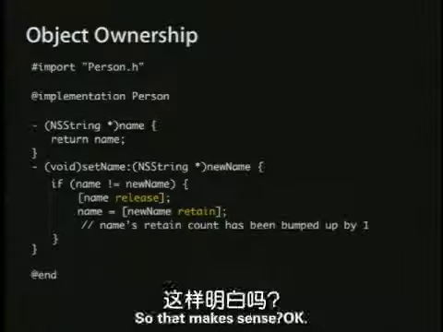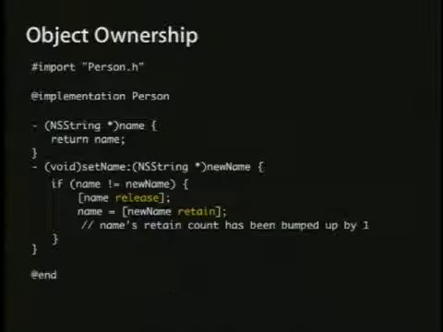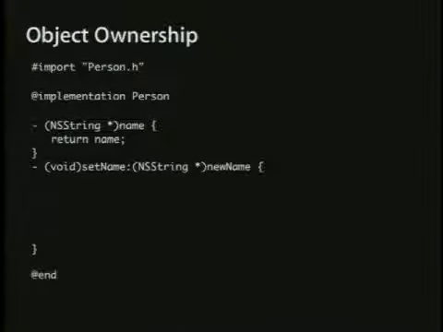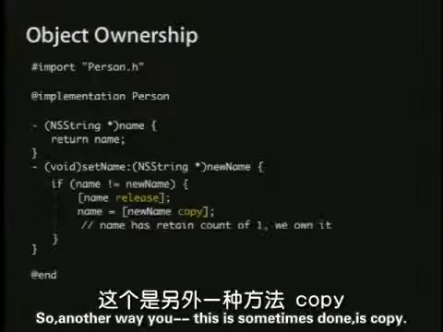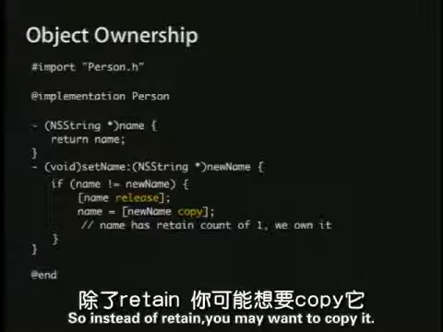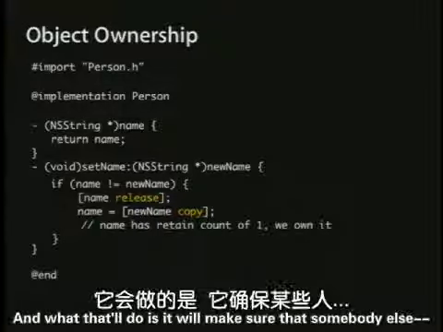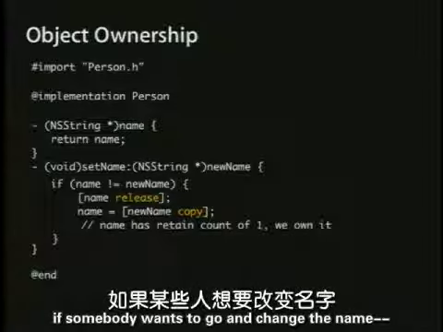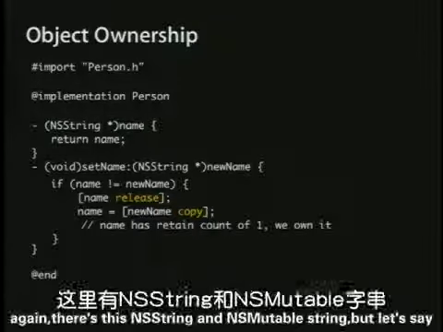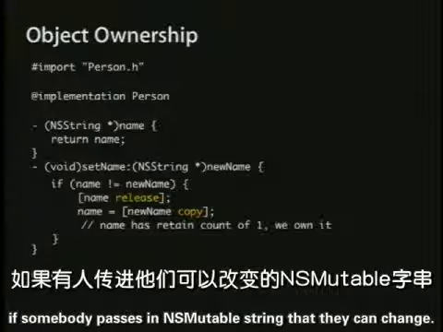Let's say somebody created a name, an NSString, and passed it to us, and then thought that it was done with it, so it deallocates the memory. The next time that person tries to access the name, it's going to be bogus because it got deallocated. And so the way to maintain that is you increase the retain count so that the object that got passed into you doesn't get released until you say it should. Does that make sense? Okay.